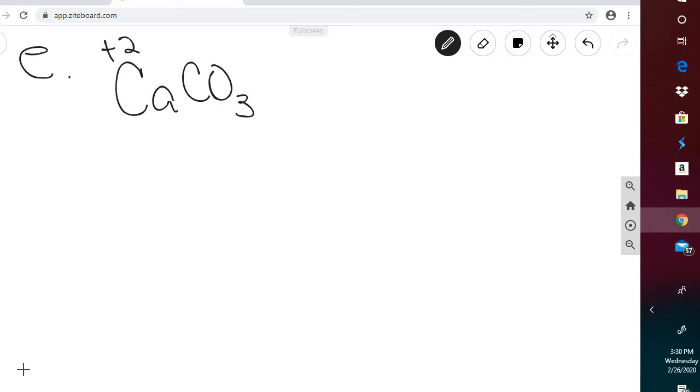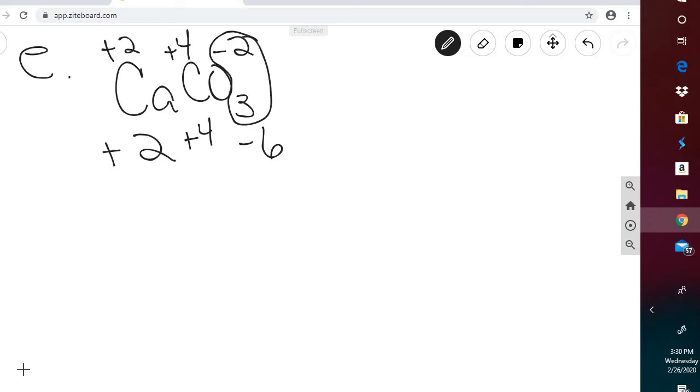We don't really have a rule that applies to carbon, but we know that oxygen usually is -2, so that gives us -6 and +2, and the charge of the whole molecule has to be 0, therefore the carbon must be +4. Okay, so we get the -6 here, and then +2 here, so the carbon is a +4.